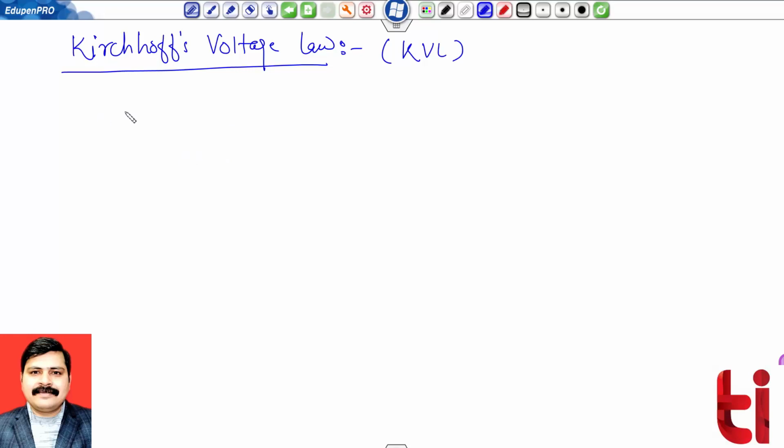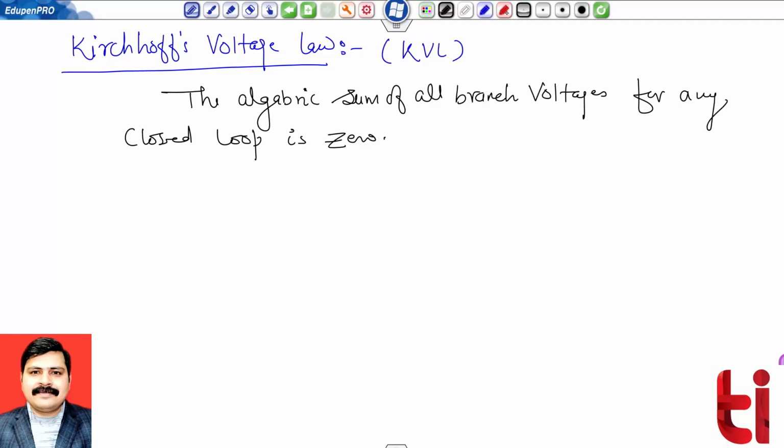According to this law, the algebraic sum of all branch voltages in a closed path will be equal to 0. Okay, so let me read the statement. The algebraic sum of all branch voltages in a closed loop should be equal to 0.